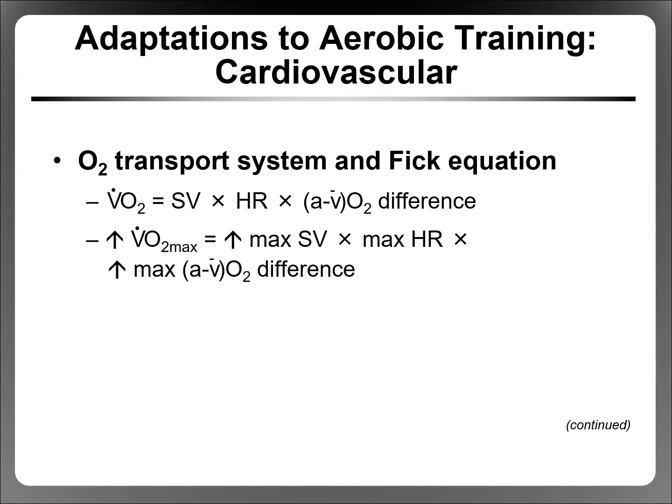So we have to make some assumptions here with the Fick equation. Therefore, when we see increases in our VO2 max, we have to assume that there was an increase in the maximal stroke volume, and we have to assume there is an increase in the maximal a-vO2 difference, so we are becoming more efficient at pulling oxygen out of our blood.